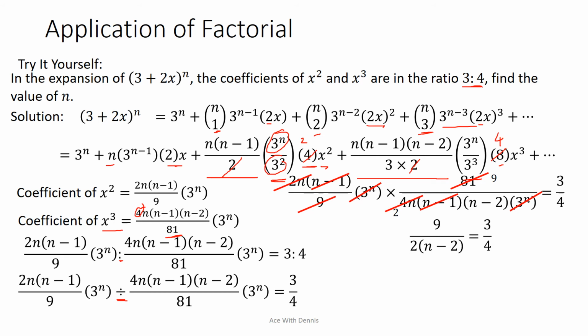Then it becomes 9 over 2 times (n minus 2) equals 3 over 4. And 2 can cancel with the 4, becoming 2 at the bottom here. 3 and 9 becomes 3. And we can cross multiply. 3 times 2 becomes 6. So n minus 2 equals 6. Therefore, n equals 8.